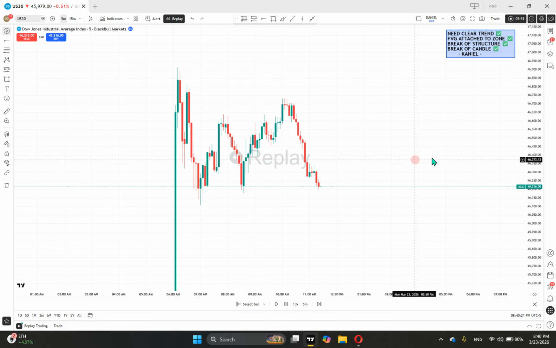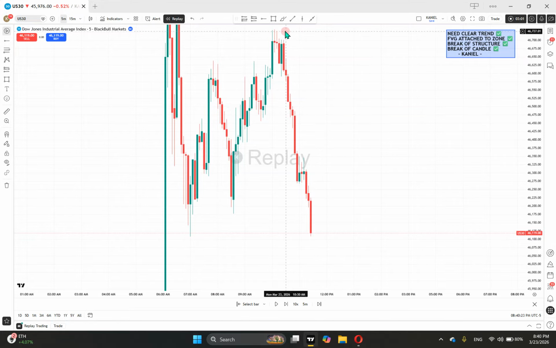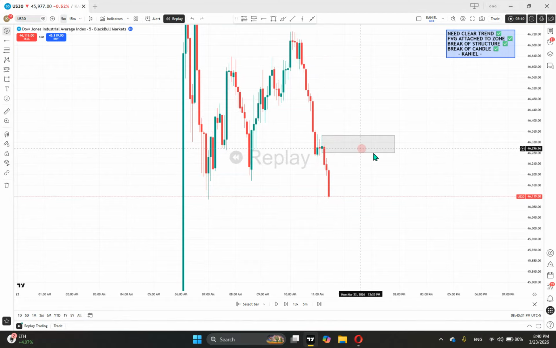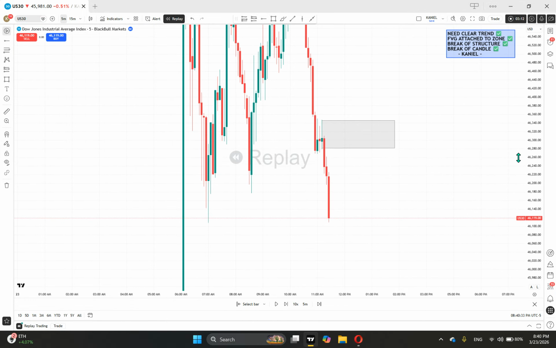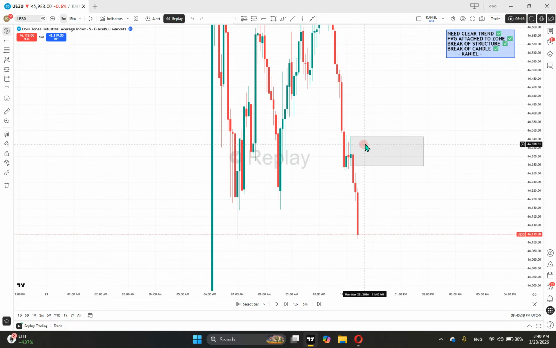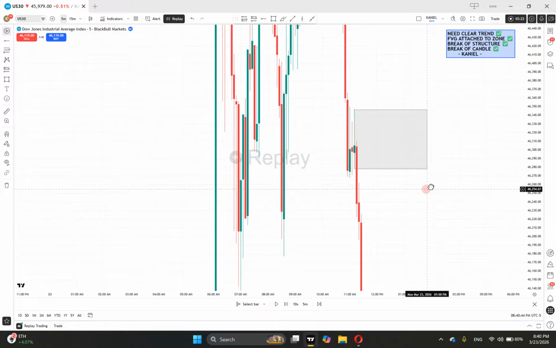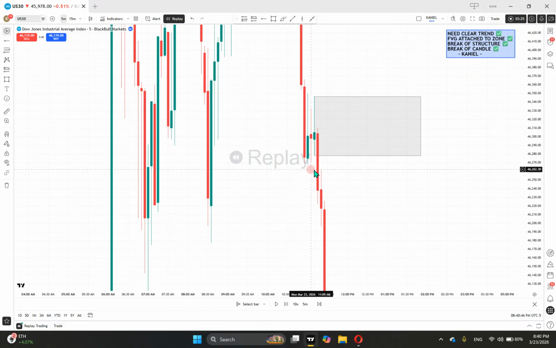So I saw this 5 minute supply zone where the fair value gap attached to a break of structure. I was just waiting on price to pull back to the zone. The fair value gap went from under this candle to above this red candle.